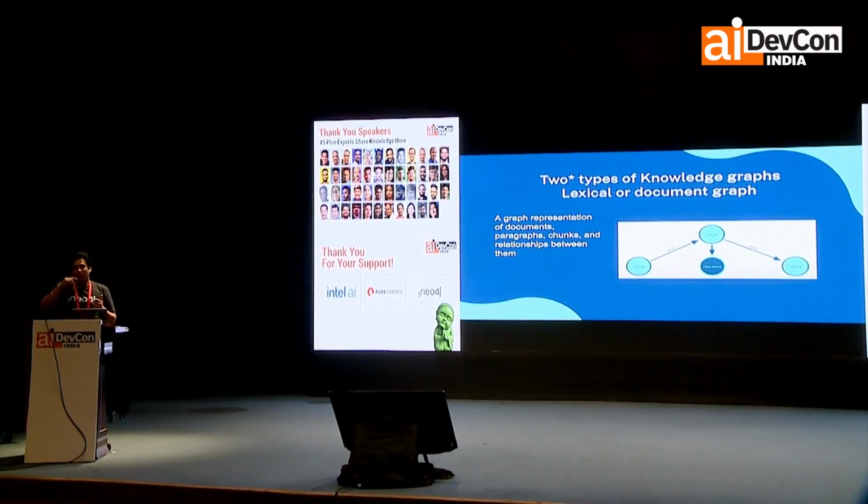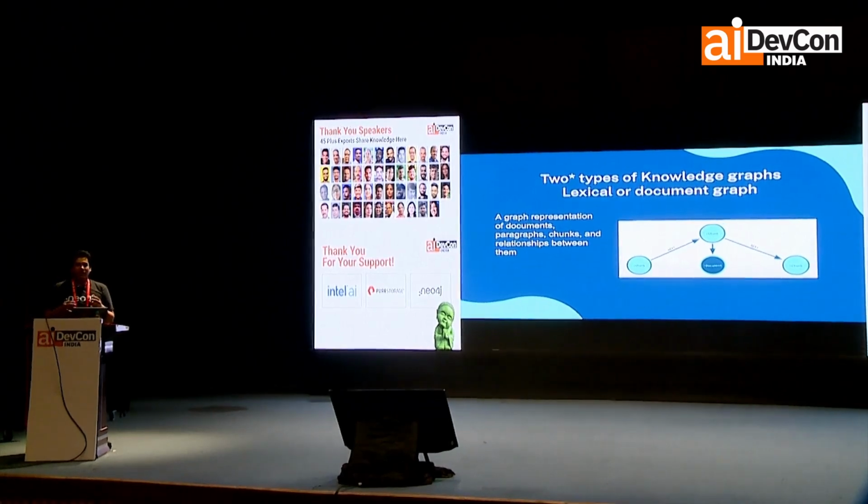Another thing I realized with vector RAG was that your vectors were just lying there as embeddings. There was no connection between your chunks, no connection between your vectors. That's what happens in your lexical or document graph. Your chunks are connected with each other and also to the main document source.